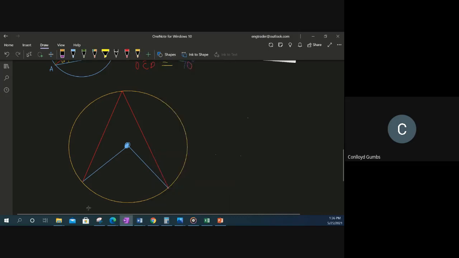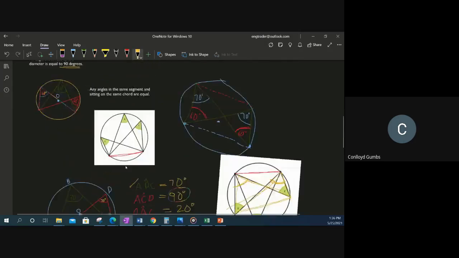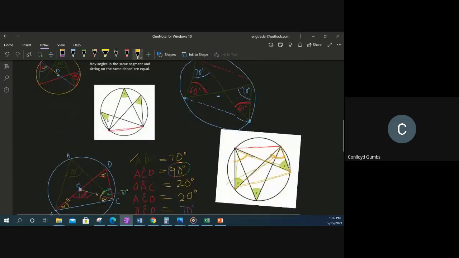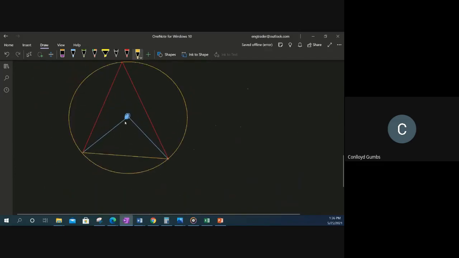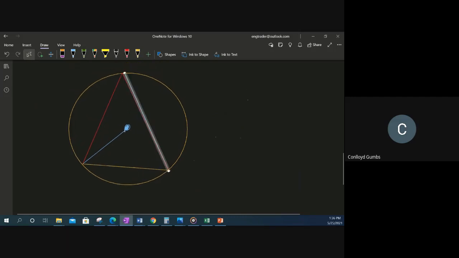However, the difference between this and what we were looking at earlier is that if you look here, this one does not continue all the way to the end. So in other words, this angle does not go all the way up here. It does not do all of that. It just stays here.